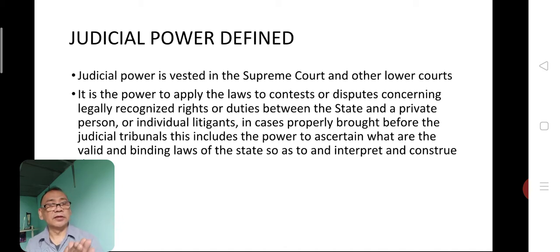I like the word interpret because the executive is the one who executes the law, the one who makes the law is the Congress, and the one who interprets the law is the judiciary.